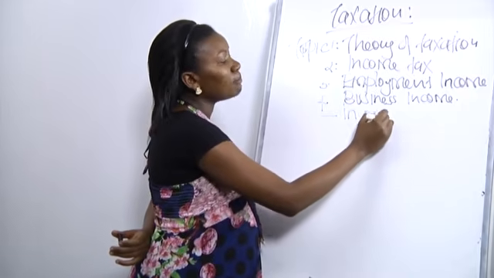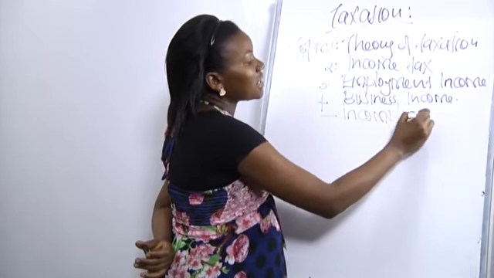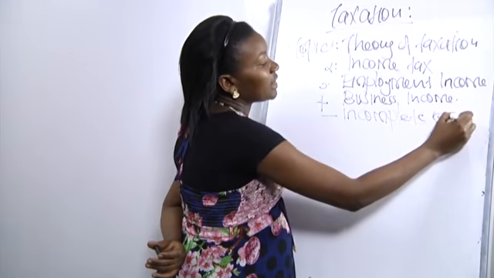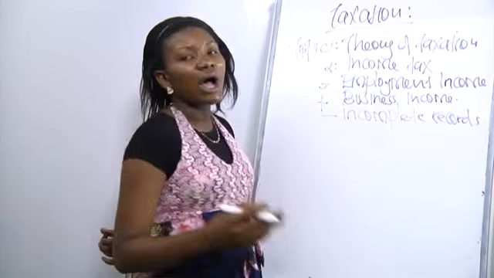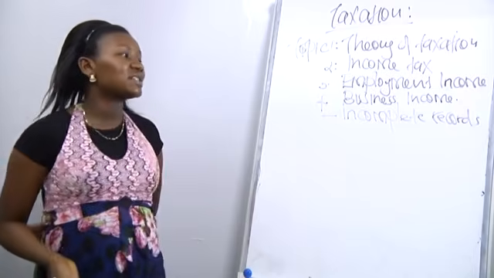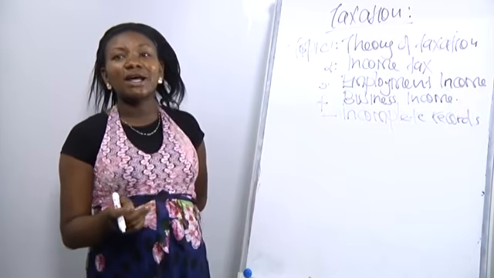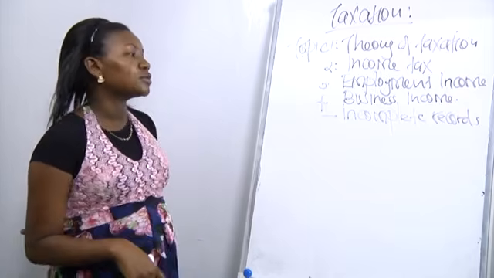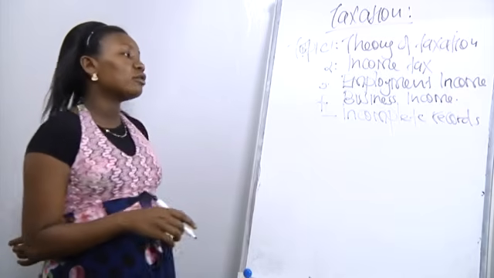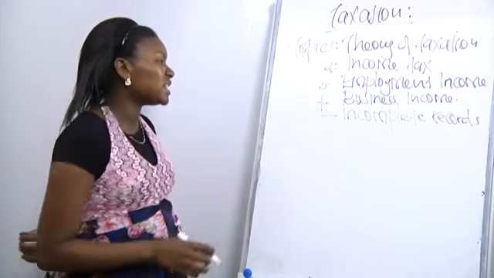We call it incomplete records. The incomplete records is under the business income, and we would want to know, how do we arrive at the taxable income if a trader didn't maintain proper books of account? That is under the incomplete records, under the business income.